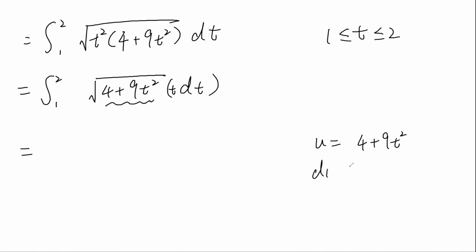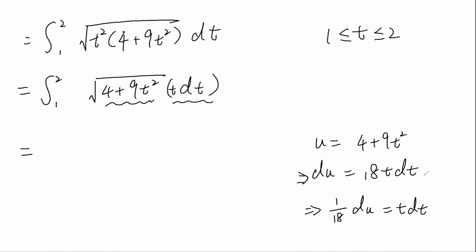So then du will be equal to 18t dt. If you divide both sides by 18, you get 1/18 du is equal to t dt. I divided both sides by 18 here because the term that occurs in this integral is t dt, not 18 times t dt.